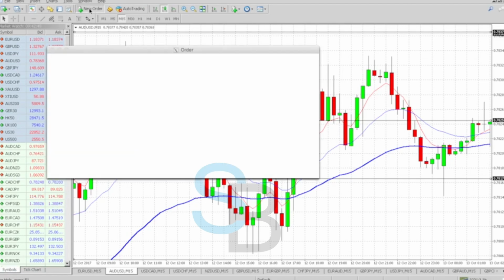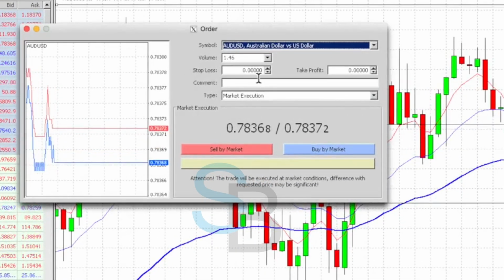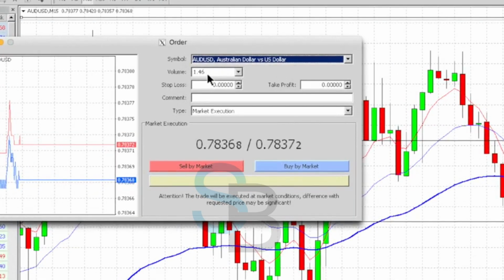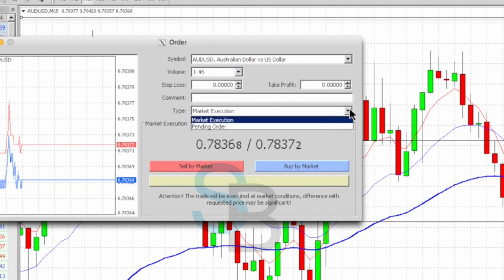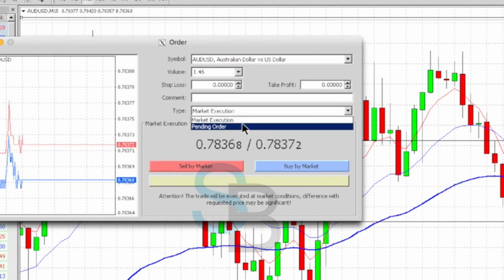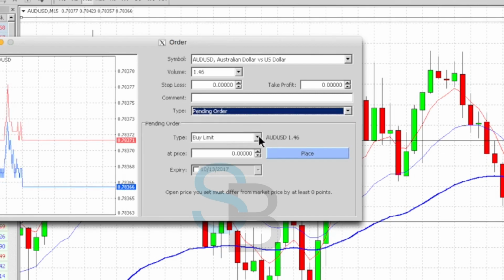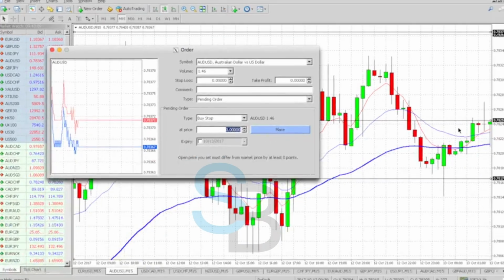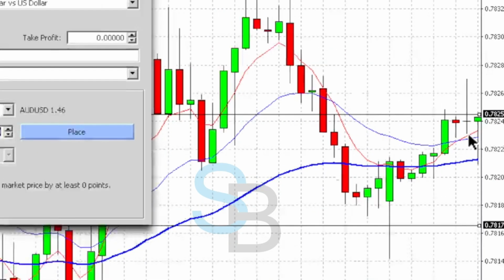I click new order, and I use my position sizing calculator to quickly calculate the position size and put in the volume. Go to pending order, buy stop order, key in your price as usual: 0.7825.